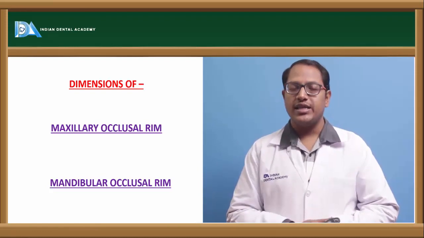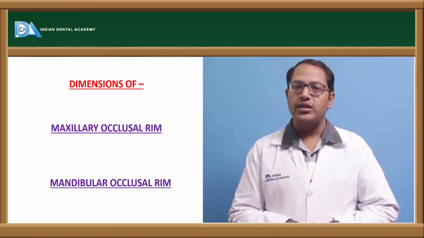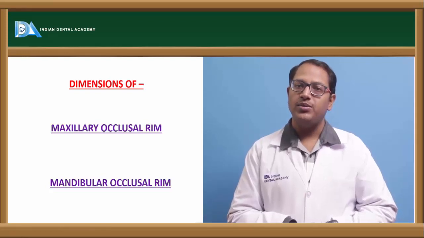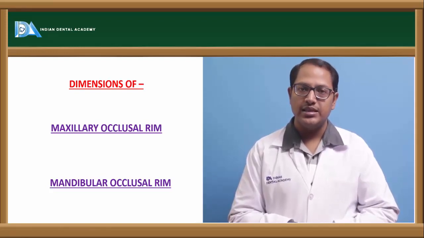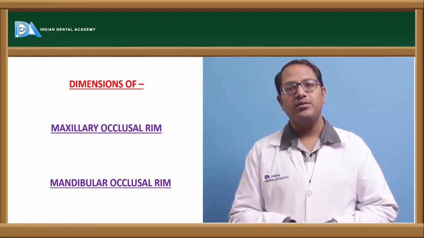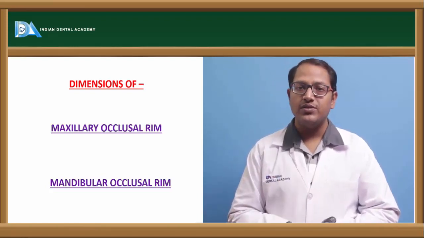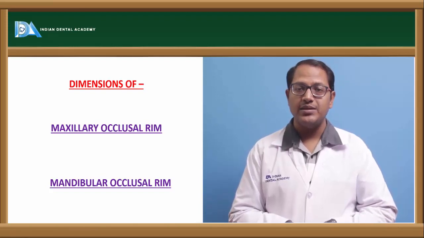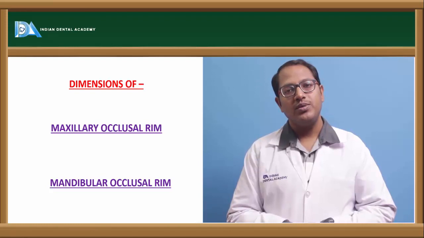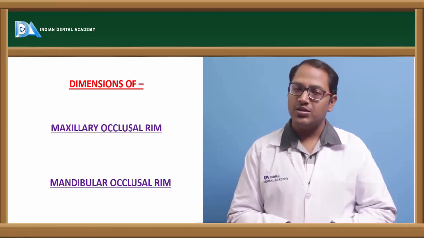Coming to the width: in the posterior and anterior region it will again be 4 to 6 mm in the anterior and 8 to 12 mm in the posterior region. What should be the height of the wax rim from the crest of the ridge? In the anterior region, it should be 6 to 8 mm. Posteriorly, it depends on the retromolar pad.